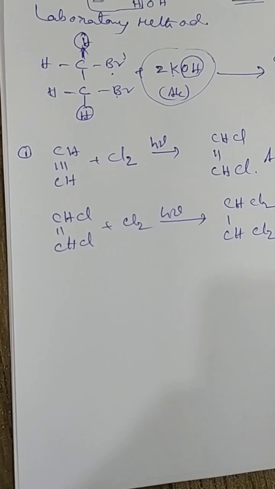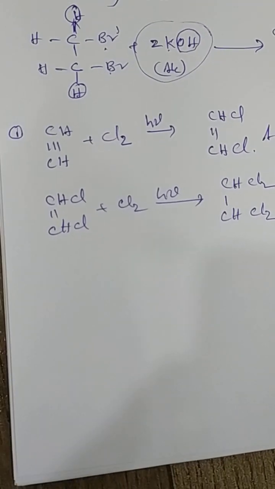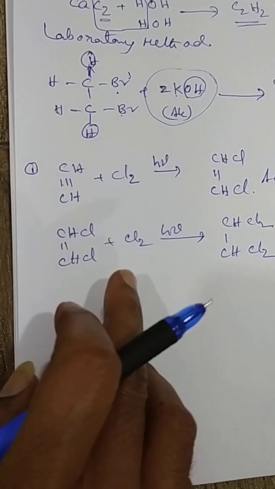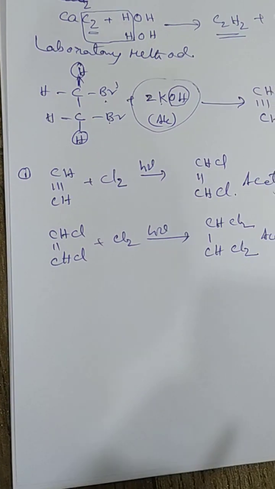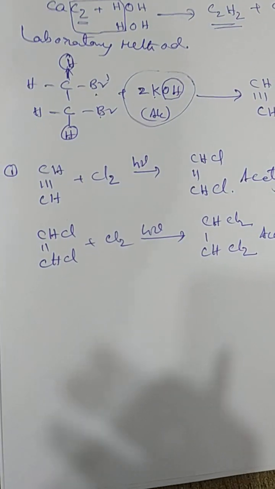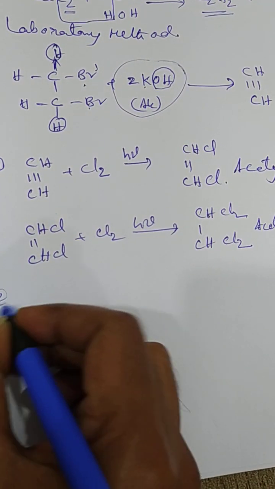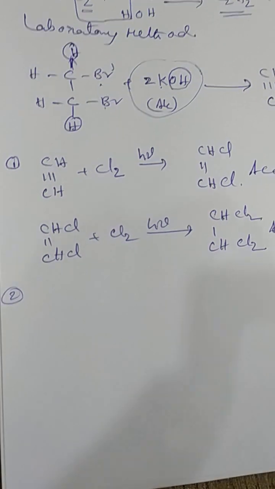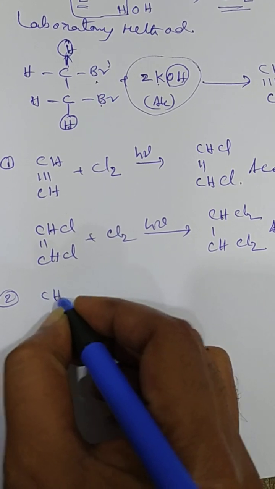Bromine will also make a reaction, but bromine gives less yield. Chlorine will give a good yield, a good amount of quantity, whereas bromine will give a lesser amount of yield, but it reacts slowly.